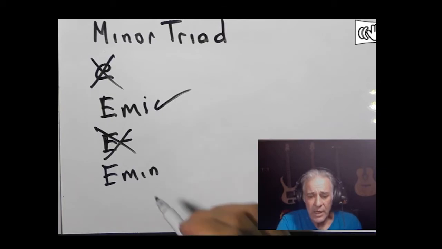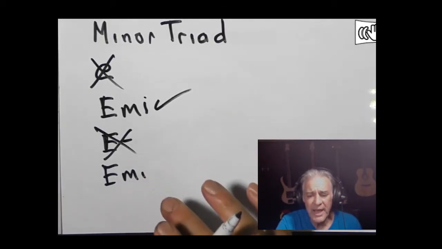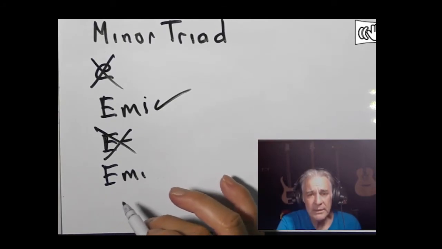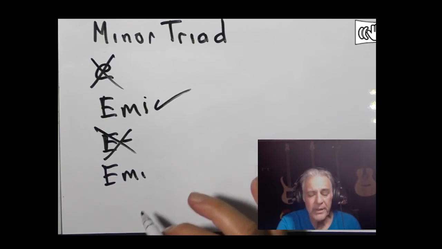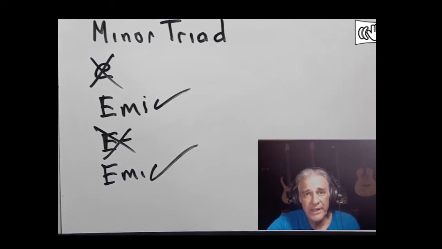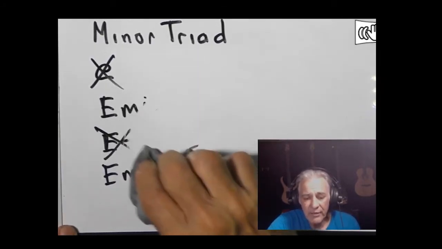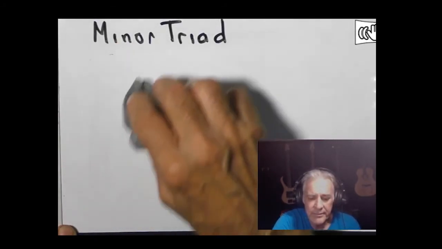And we don't want the N. We just want the M-I. So E uppercase, M-I lowercase, is the system we're using. Acceptable. Very good.